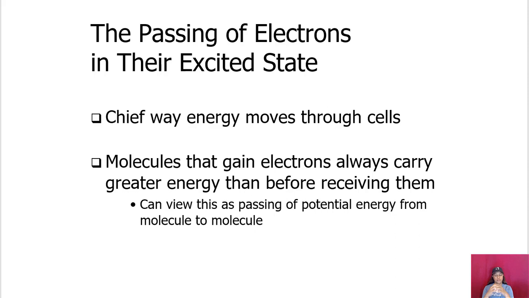So you have this molecule sitting here, and suddenly a photon of light comes down, hits an electron of another atom, excites it, that electron jumps over to this atom, and now this atom has more energy than before that electron jumped, right? And so you can view this as passing of potential energy from molecule to molecule.